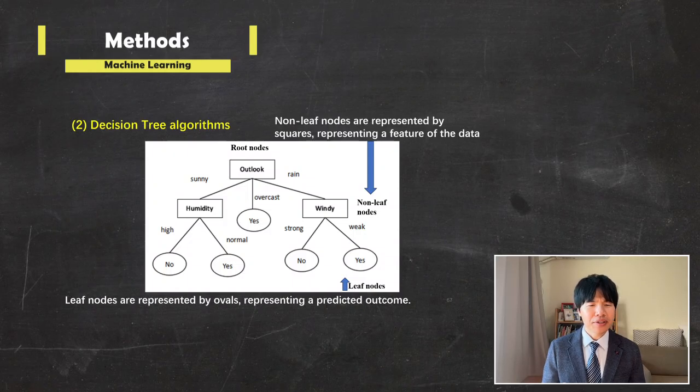To distinguish between the leaf nodes and the non-leaf nodes, leaf nodes, which represent a prediction result, are shown as ellipses. Non-leaf nodes, which represent features of the data, are shown as squares. Finally, we connect parent nodes and child nodes with lines.